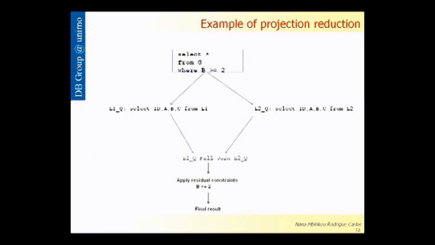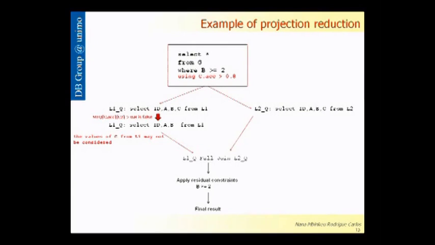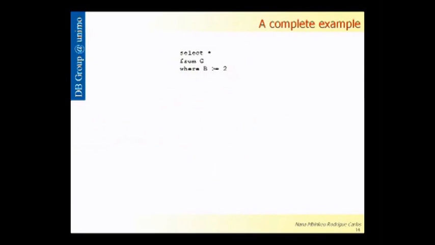This is the simple process to obtain the result with our first simple query. When we include our using clause, the process is slightly different, because we can reduce the select list of the local source L1. And now we can present the complete example.